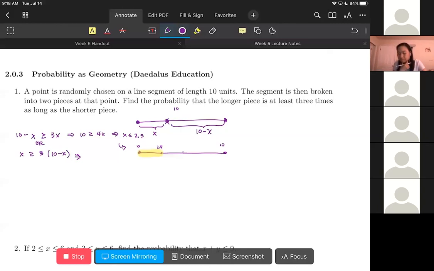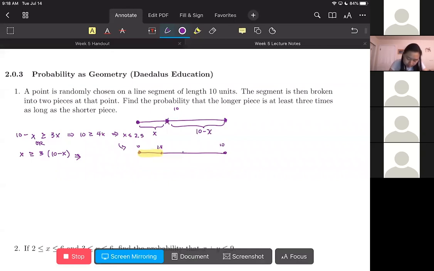In the second case, if I have x is greater than or equal to 3 times 10 minus x, then I can solve for x. I'll write down here, x is greater than or equal to 30 minus 3x, which means that 4x is greater than or equal to 30, which means that x is greater than or equal to 30 over 4, which is 7.5.